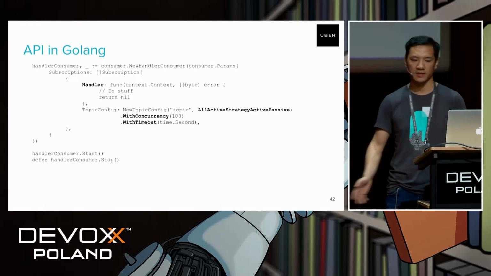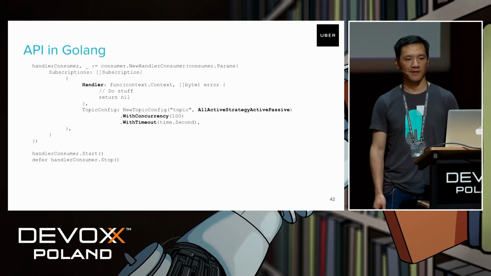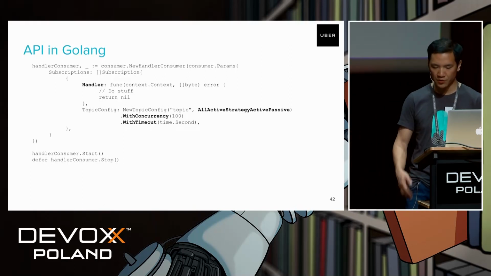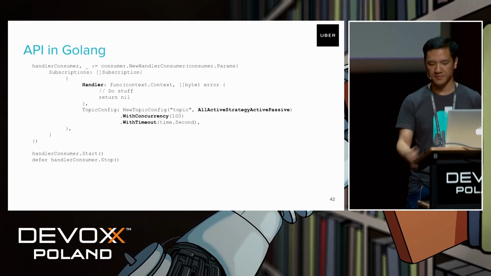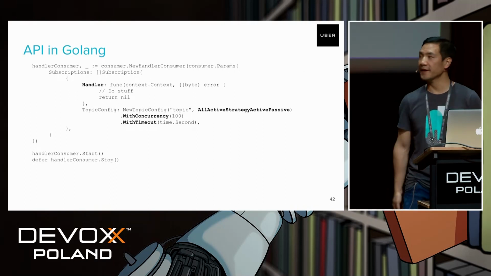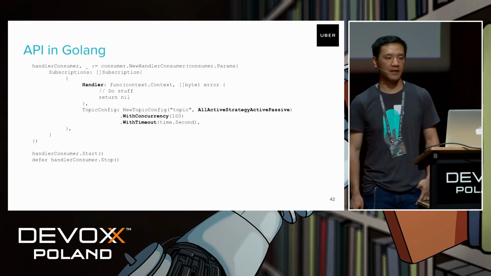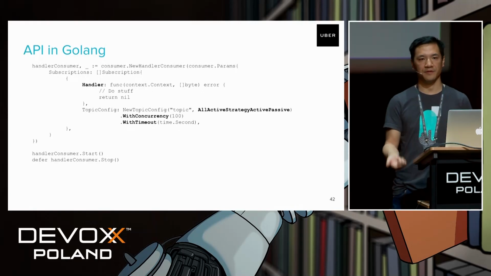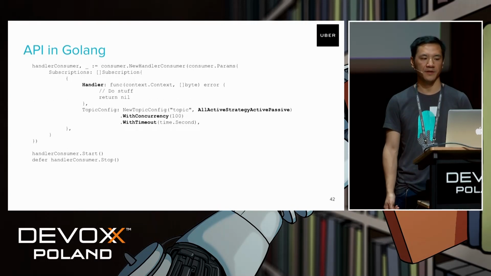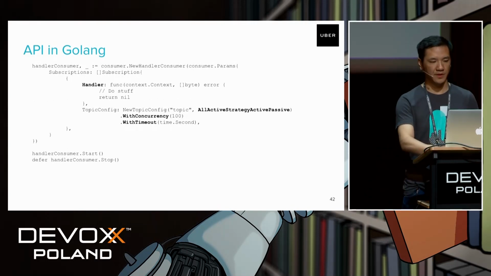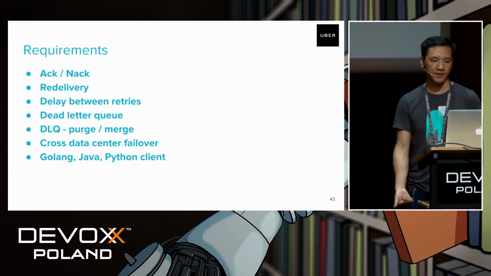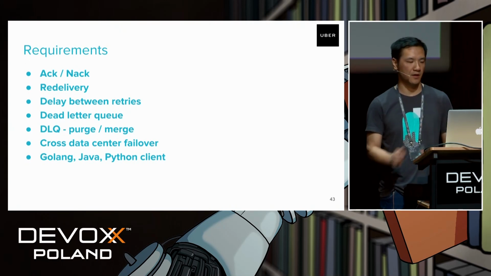So people can check a bunch of things using the dashboard that we created for them. So it makes sure it's super easy for people to use and debug. We also provide a similar API in other languages, Java and Python. So people can just write their own handler, and they don't need to worry about other things. So with that, we fulfill the programming language requirement.